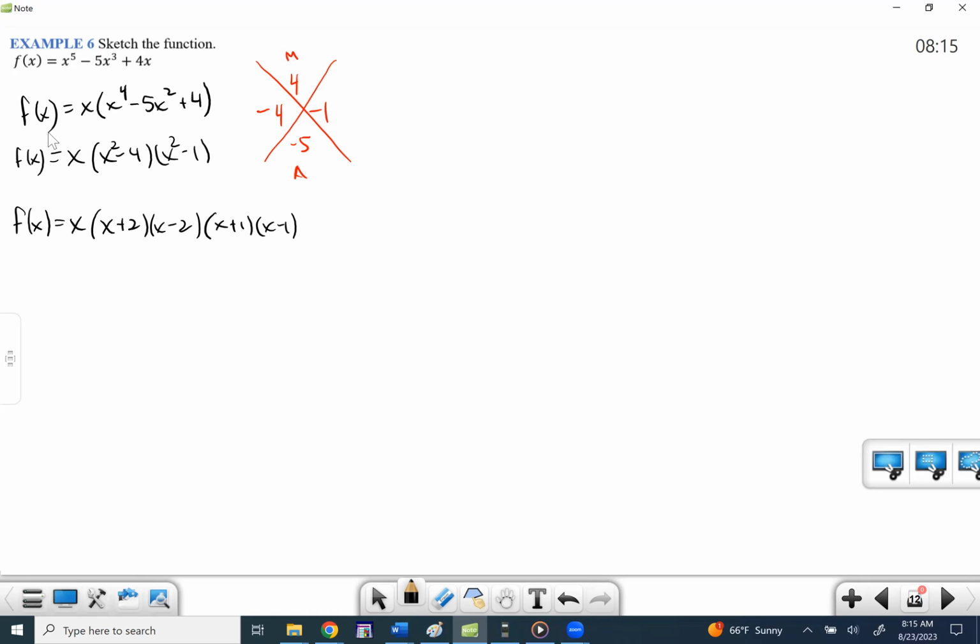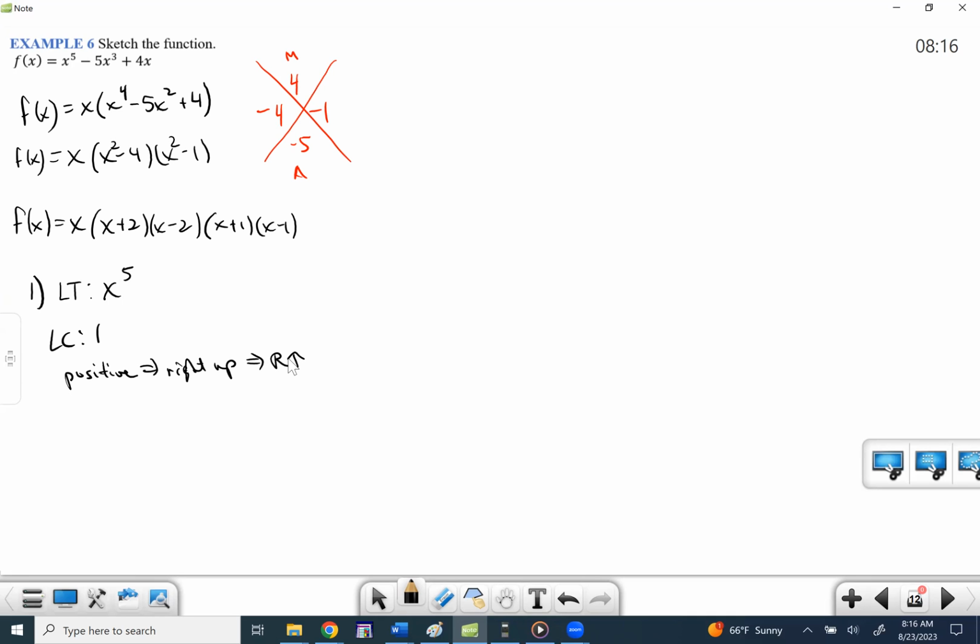So number 1, we're going to need the leading term, right? And that's going to be x to the 5th. So since the leading coefficient is 1, which is a positive number, right? Then that implies that the right will go up.